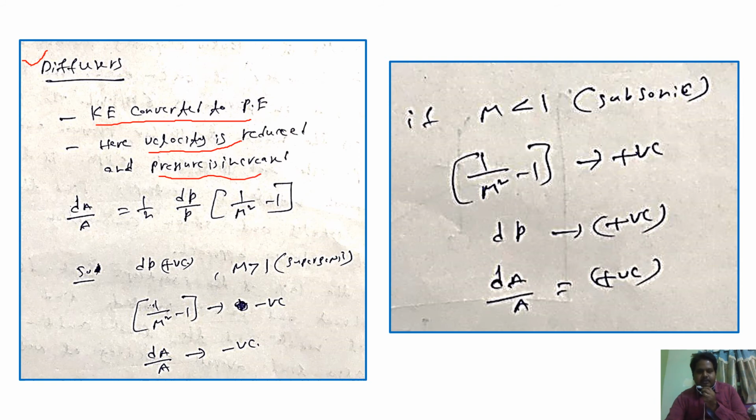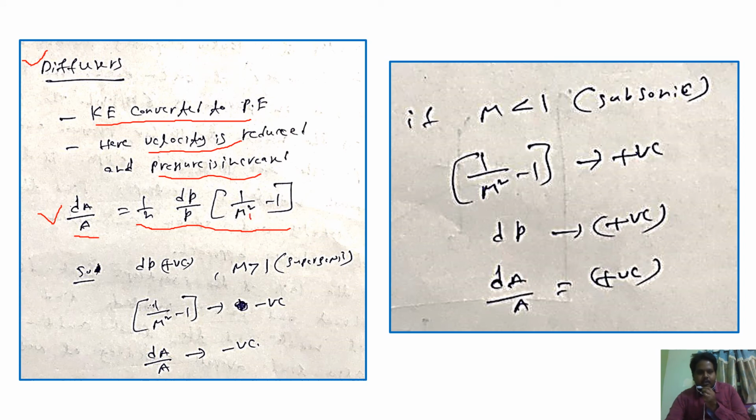It is just the reverse of the nozzle. Here also we use the same equation to find the relation between cross-section area and velocity. The equation is dA by A equals 1 by n, dP by P, into 1 by M square minus 1. Here M is the Mach number.